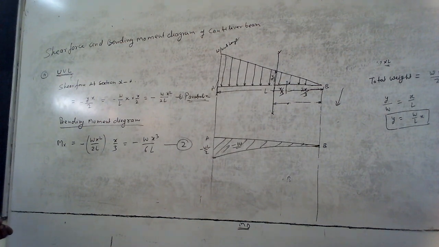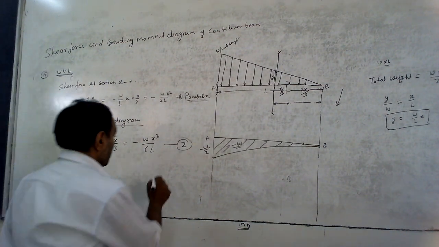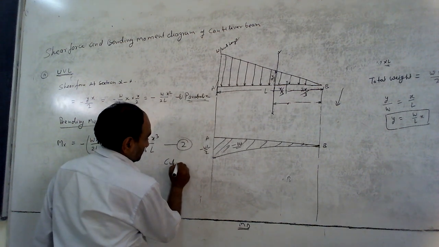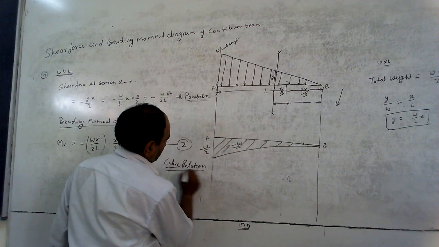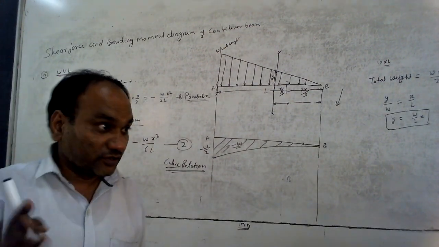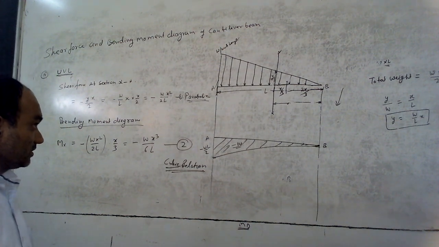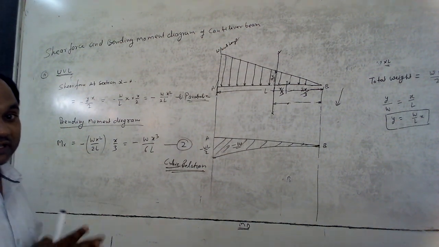And this is a cubic relation. What we conclude from these three figures, the shape of the bending moment diagram?